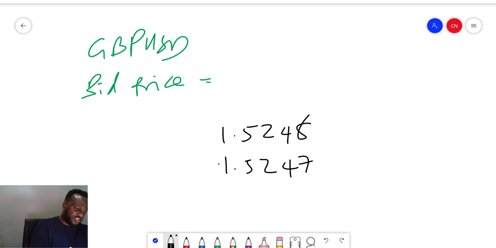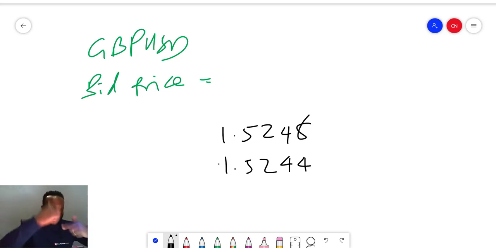If I was going to go 4 pips down, it means that will be 1.5244. That is 4 pips down. That's what that simply means. Yeah, so that's how you calculate. So you just keep counting up. Yeah, and you need to be able to know how to do these numbers.